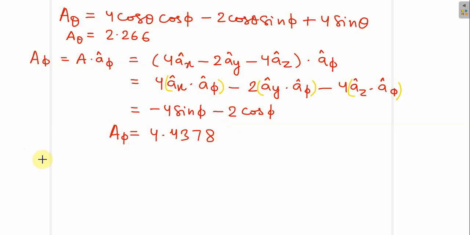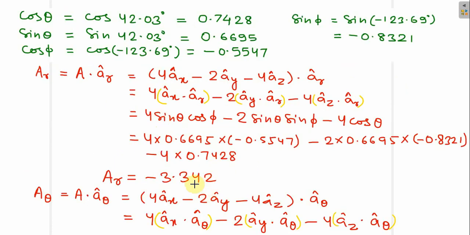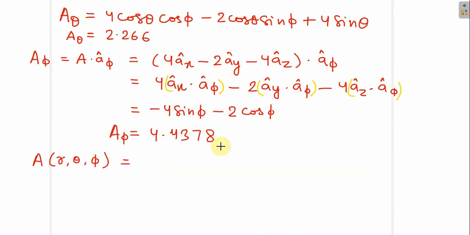Okay. So we will write the whole vector A in terms of r, theta and phi. AR, how much? Minus 3.342, so we write minus 3.342 along a r.